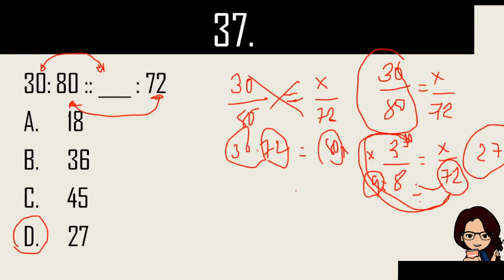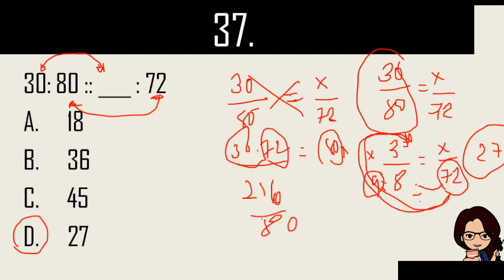Alright? So again, looking at it, mas mabilis, mas efficient, and still, pareho naman yung sagot na lalabas. Hindi mo kailangang mag-divide ng, kasi ito, magiging 72 times 3, so that's 210, 21, tapos may 6 ka pa, so 216, tapos over 80, okay?